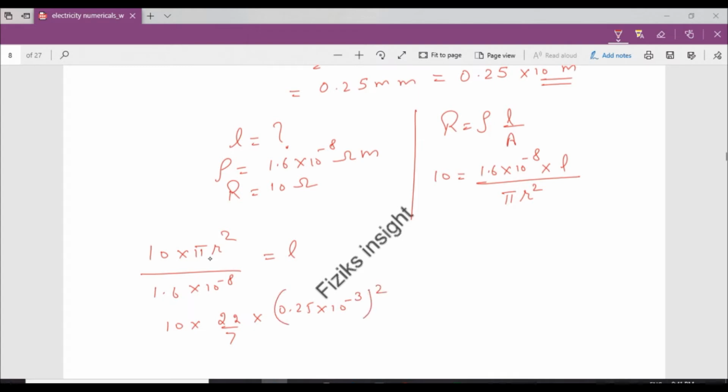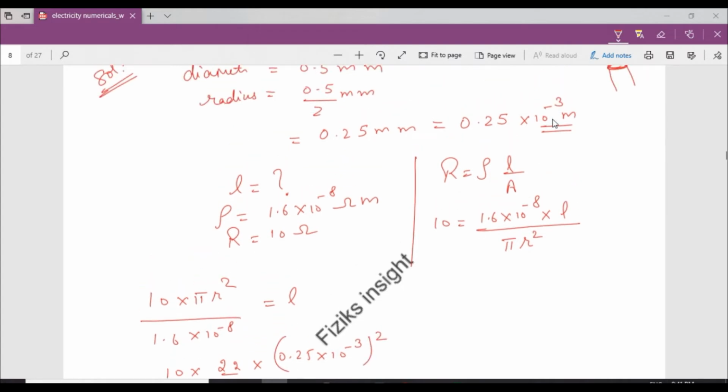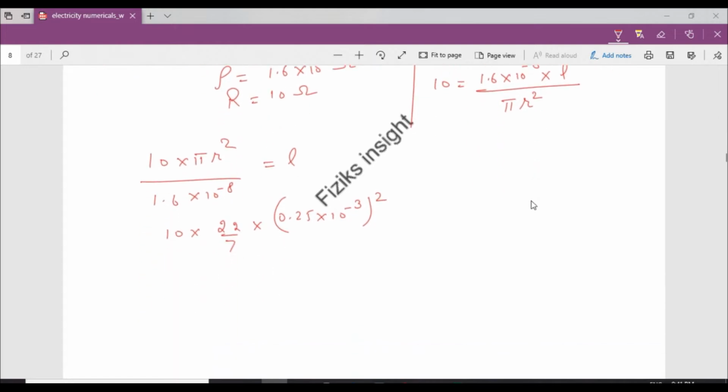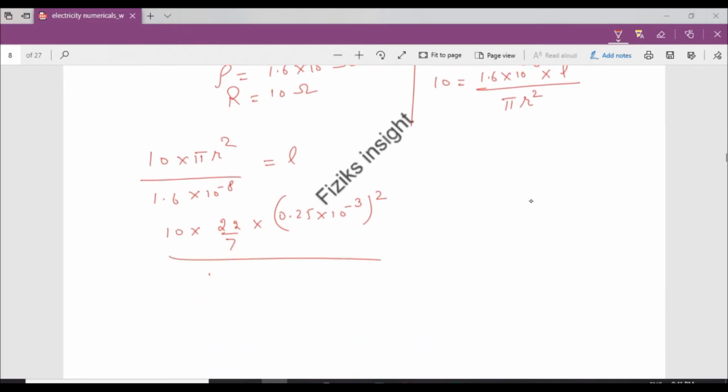So L is 10 into 22 by 7 into 0.25 into 0.25 over 1.6 into 10 raised to the power minus 8. 25 into 25 is 625, so 0.25 into 0.25 will be 0.0625.